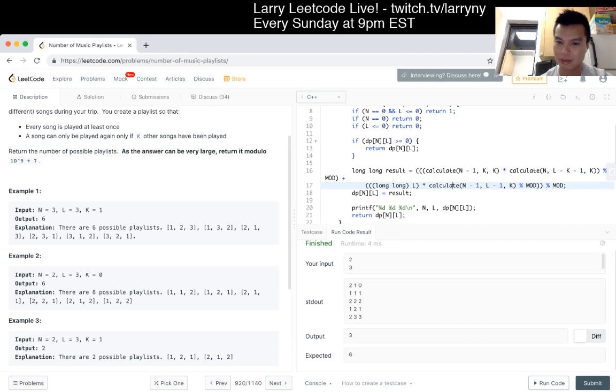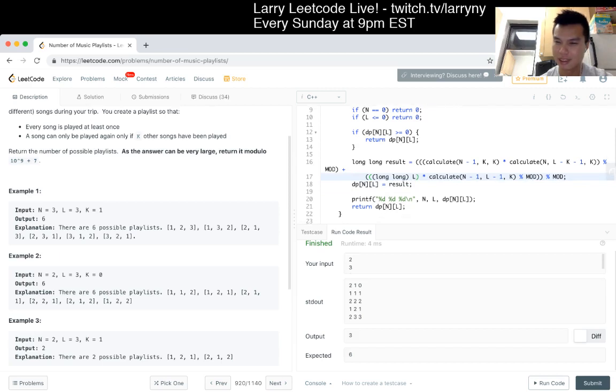This is 1, but L should be 2, right? 2, 3, this is 1, 2, so this should be 2.